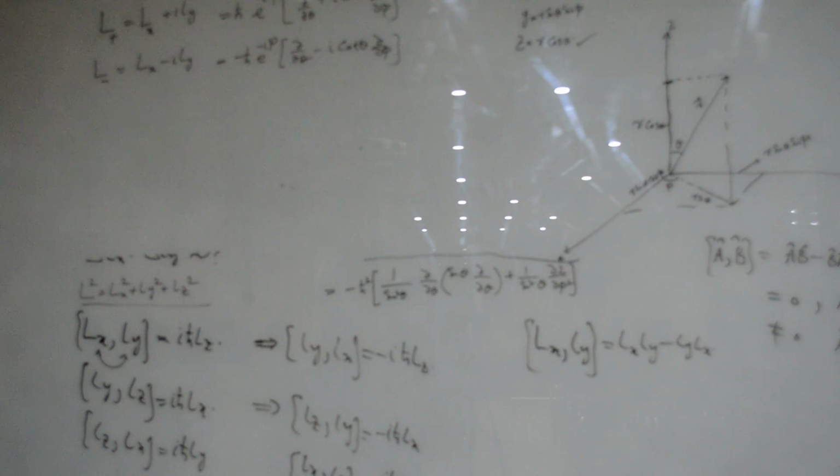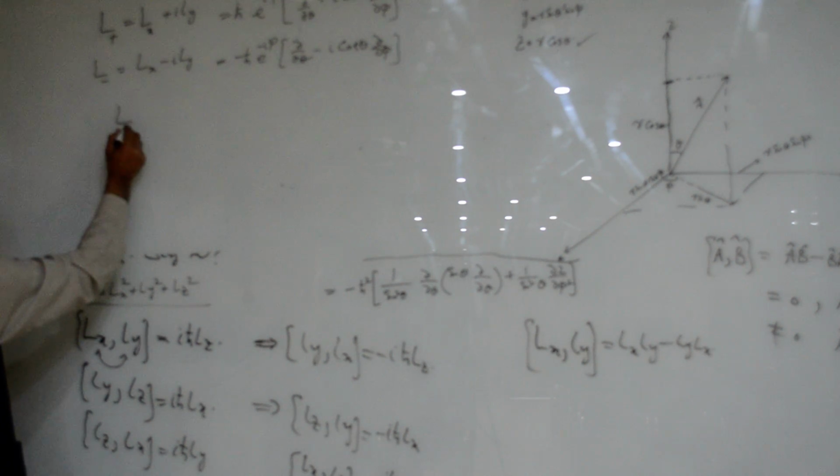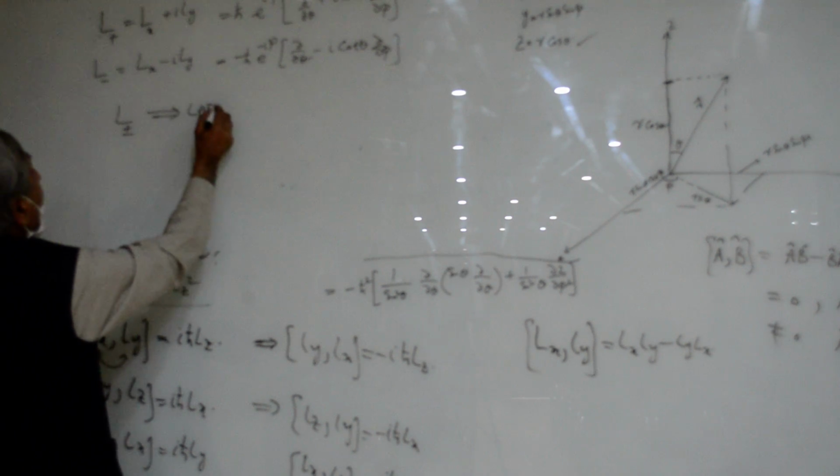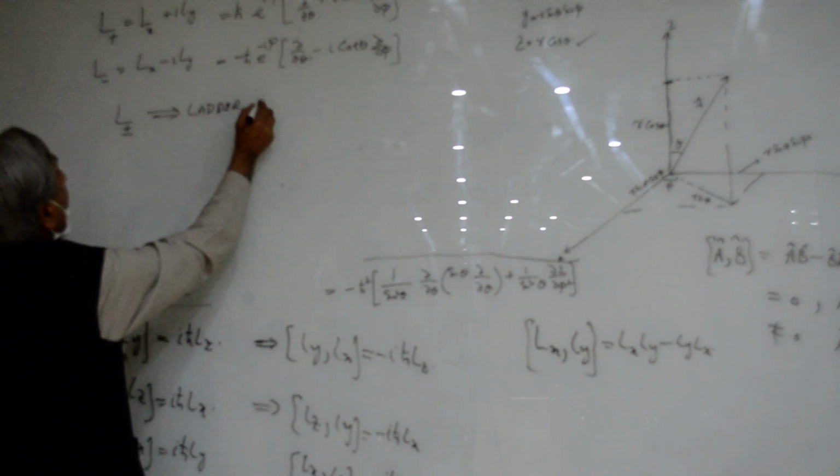Now, what are they? In quantum mechanics, L plus is the step up operator, and L minus is the step down operator. Both of them together are known as ladder operators, L plus minus.